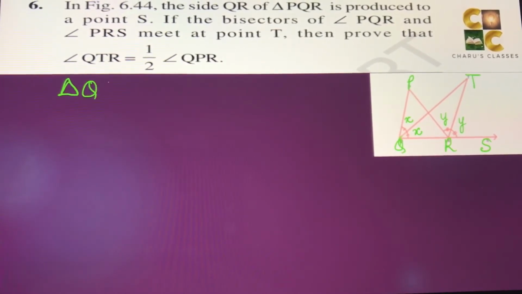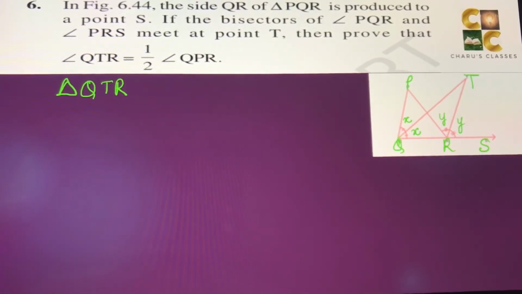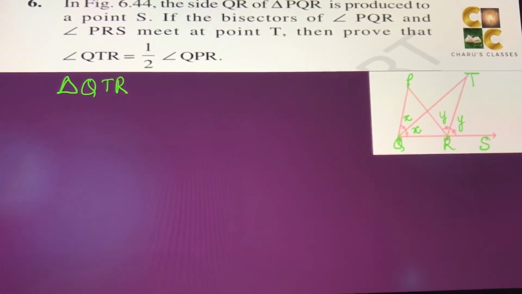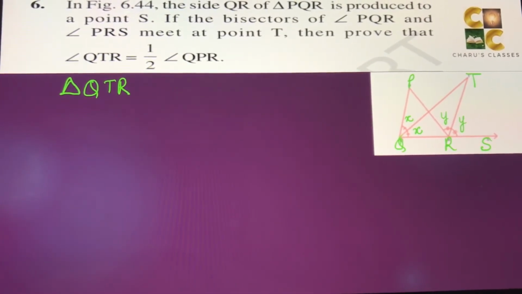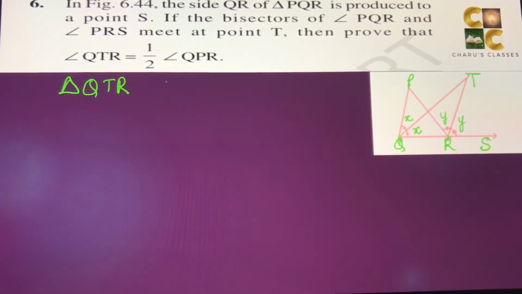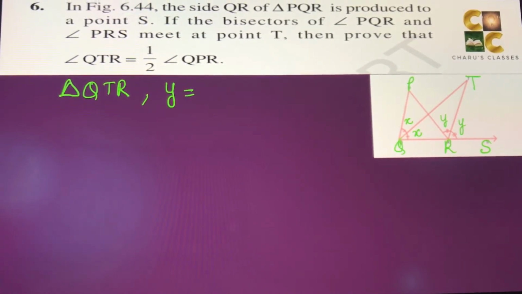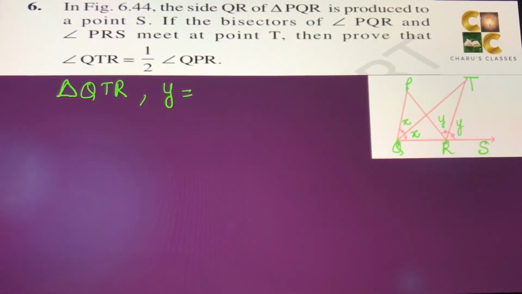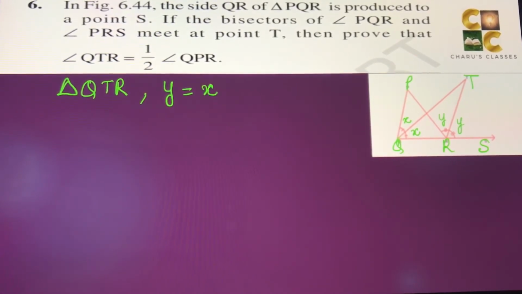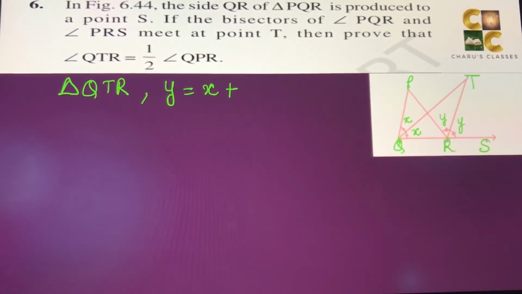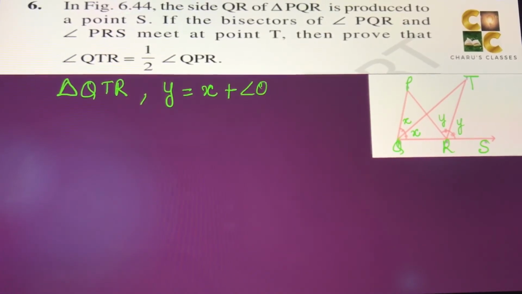Now if we talk of triangle QTR, in triangle QTR, if I take the exterior angle, then my angle TRS, that is my Y, can be written as the sum of two opposite interior angles. So I can write it as X plus angle QTR.